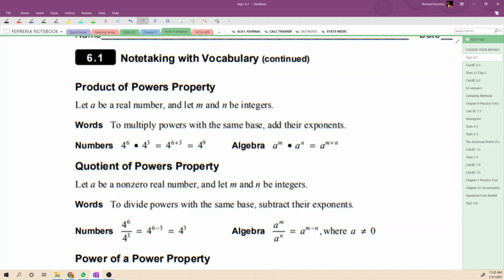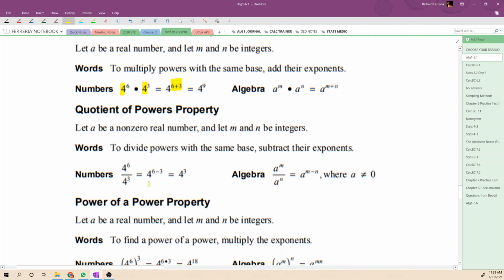Next, we have those 4 properties we just went over. If we multiply 2 exponents with the same base, we just add the exponents. If we divide, if we have the same base, we're just going to subtract the exponents.